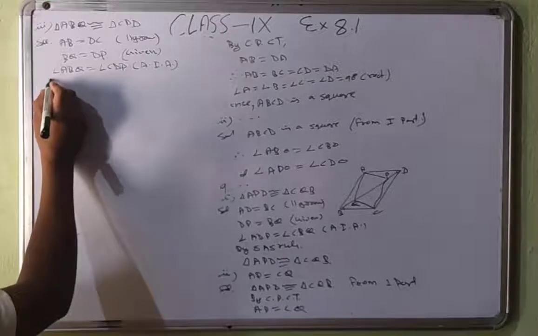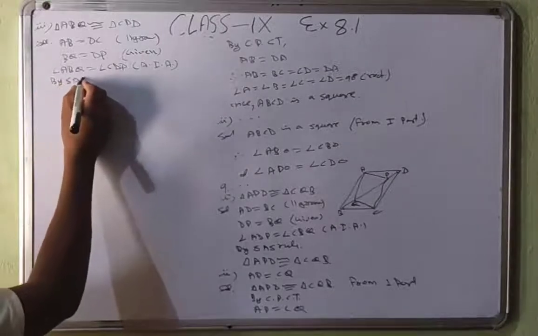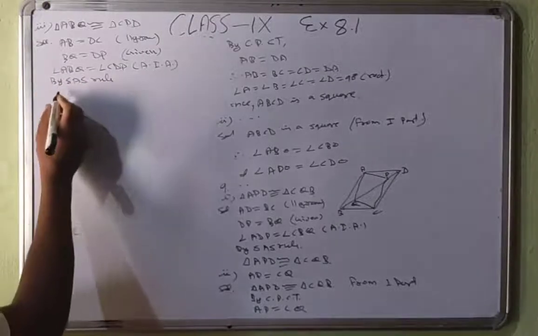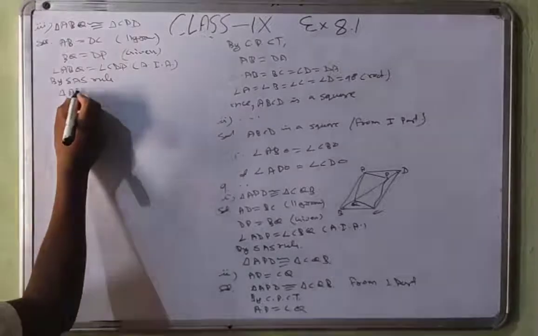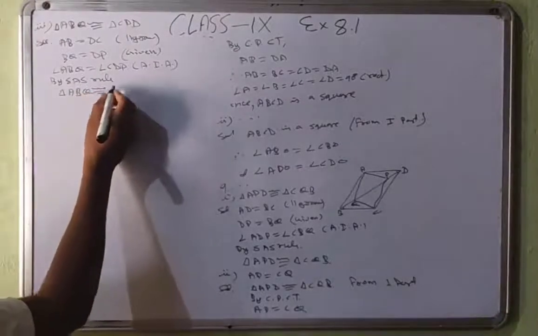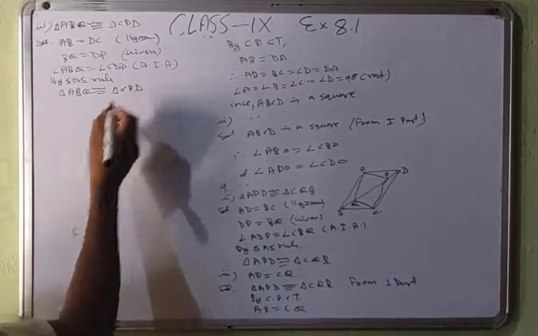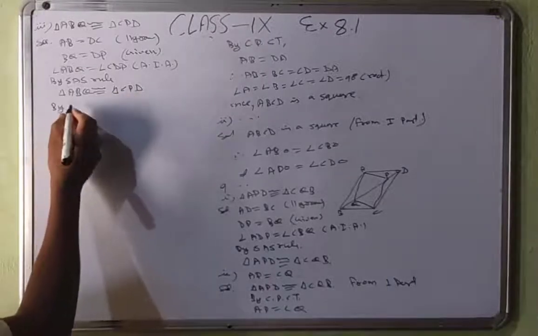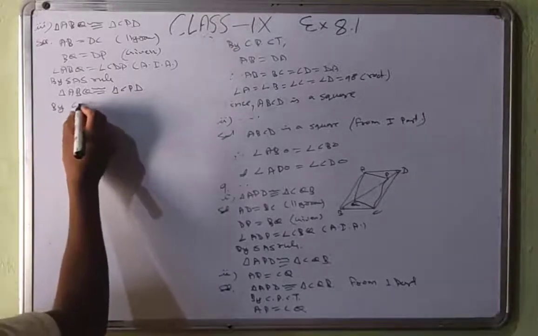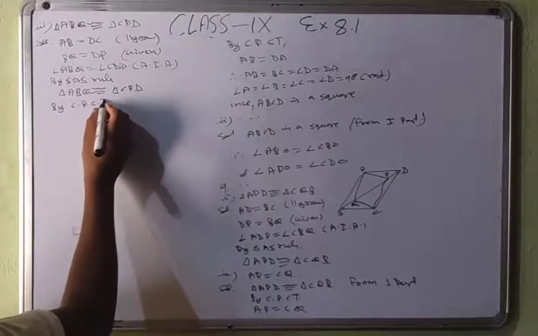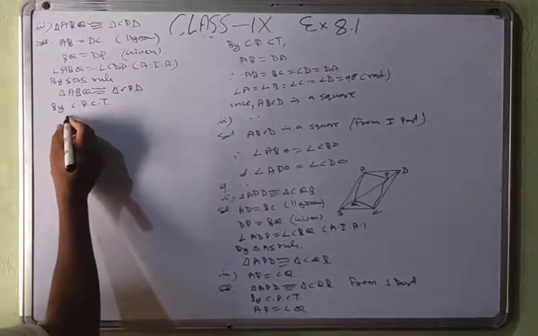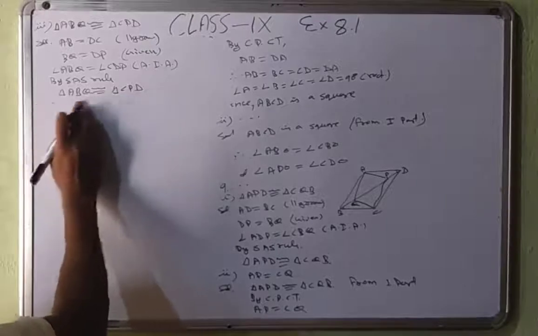Then by SAS congruence rule, triangle ABQ is congruent to triangle CPD. So by CPCT, no need to write that one.